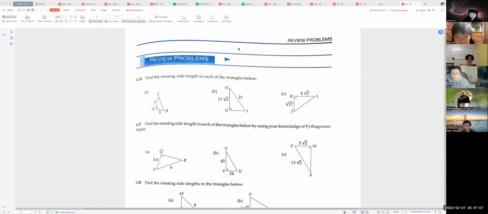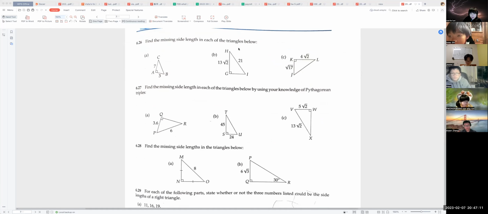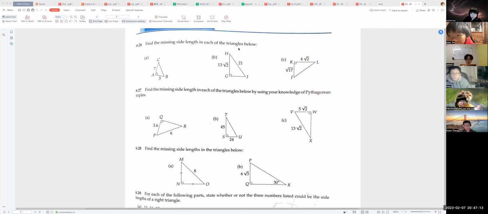This is basically the MC10s. Triangles, they won't go very hard, okay? But triangles mixed up with circles and other shapes may get harder. So with today's class, we'll be focusing on just doing the calculation of the triangles.